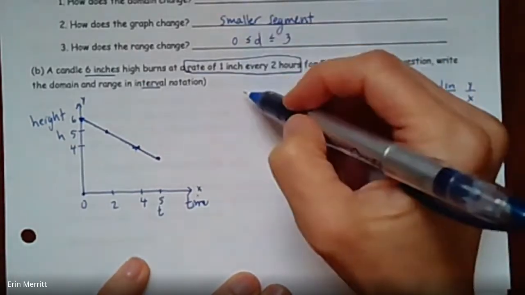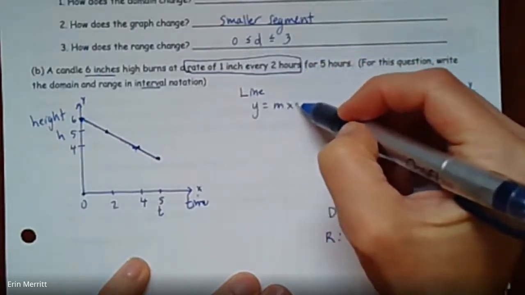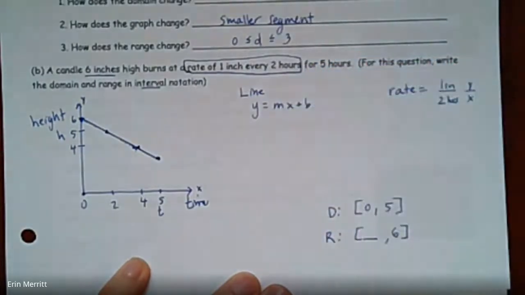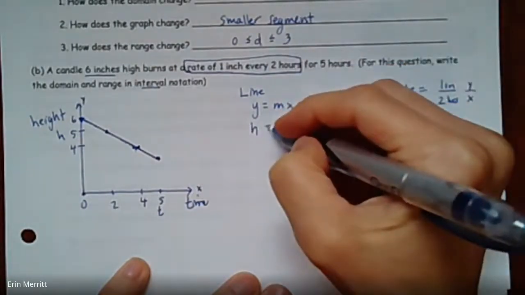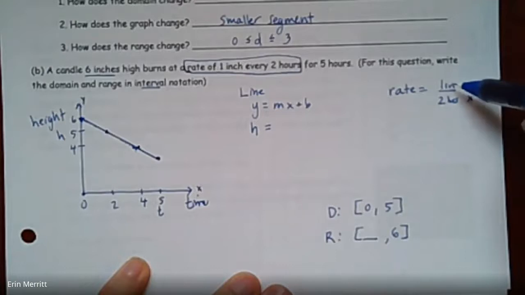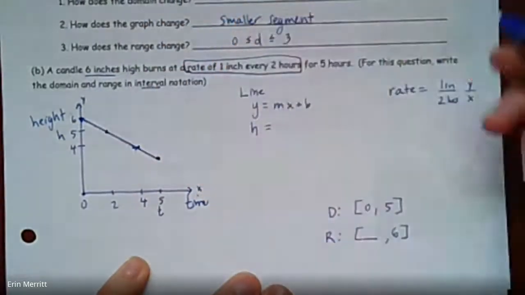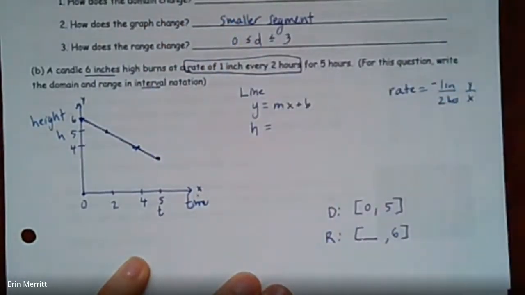So when we think about this, this is definitely linear again. So we've got y equals mx plus b. All right, well, in this case, we can go height, the slope. Now I said it's going to drop at 1 inch every 2 hours, but when I wrote it, I just wrote it as 1 over 2. If it's losing that height, it really should be minus 1 over 2.